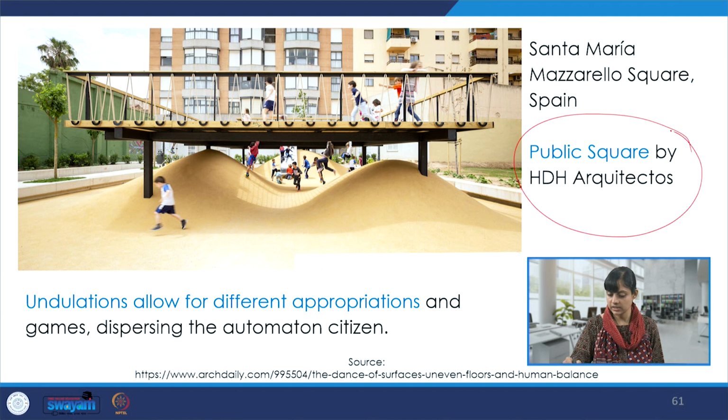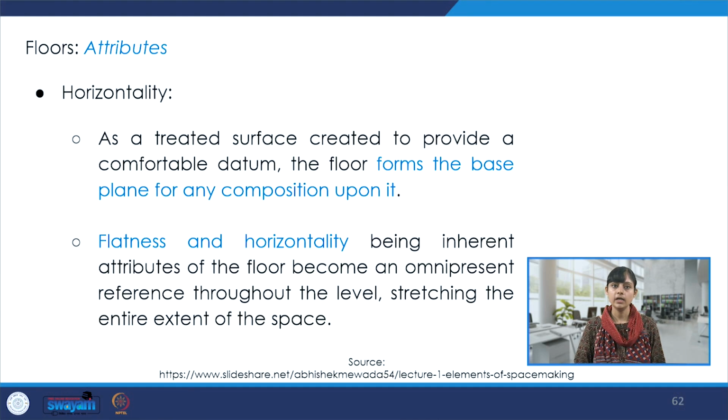We see a case study over here of a public square. In terms of attributes, when we talk about floors, horizontality is a very important attribute. It forms the base plane for any composition upon it, and flatness and horizontality are inherent attributes of the floor.